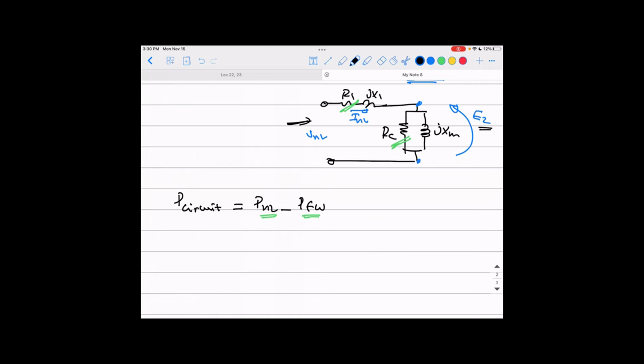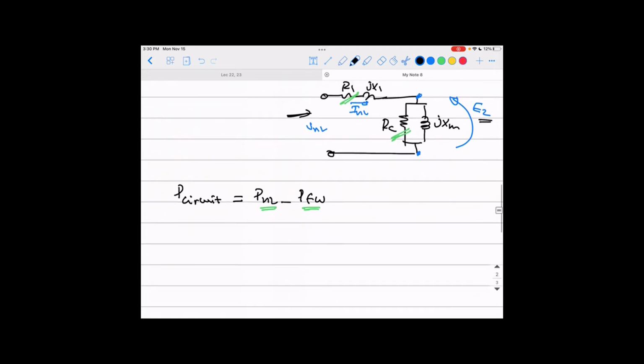And you know V no load and I no load. So from them easily you can find the angle, okay? Because you still have the same thing. You know that the P circuit here will equal 3 V no load I no load cosine theta no load, okay? P circuit was just found because P no load is measured and P friction and windage we have just calculated using our test.